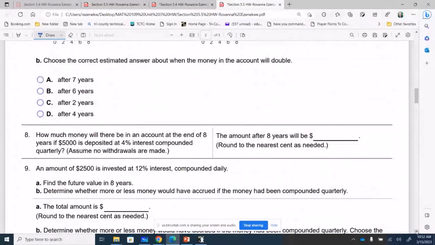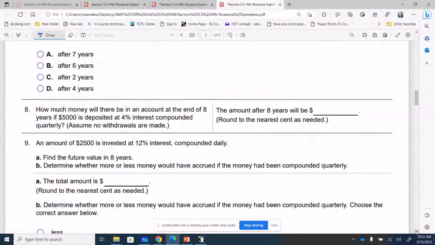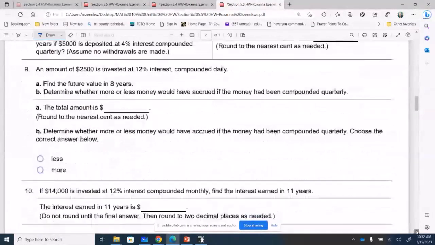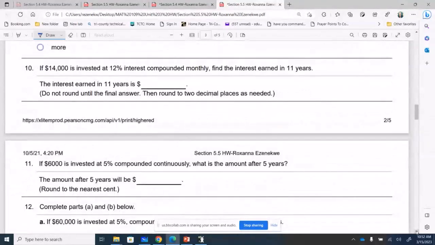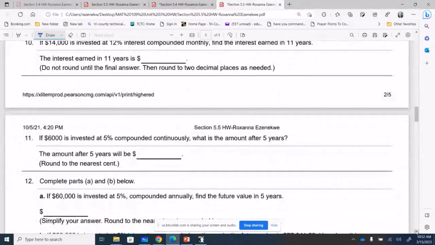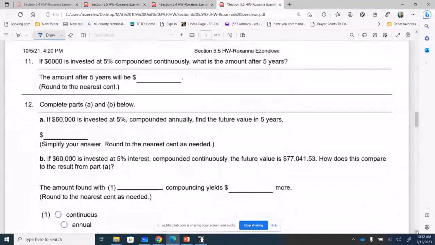Compounded quarterly is number 8. Quarterly is 4 times a year. I hope you know that. Good. Number 11 says compounded continuously. Let's do this. Compounded continuously.